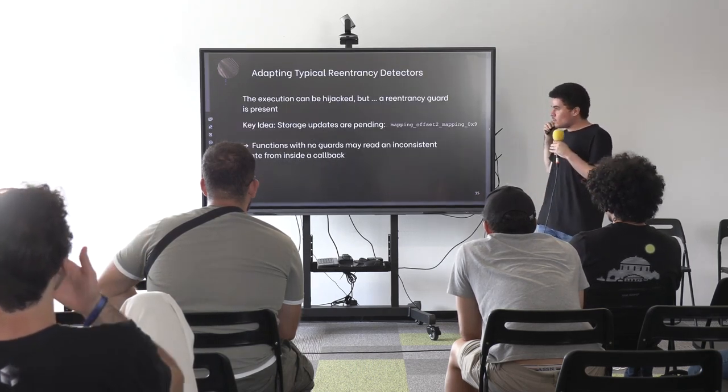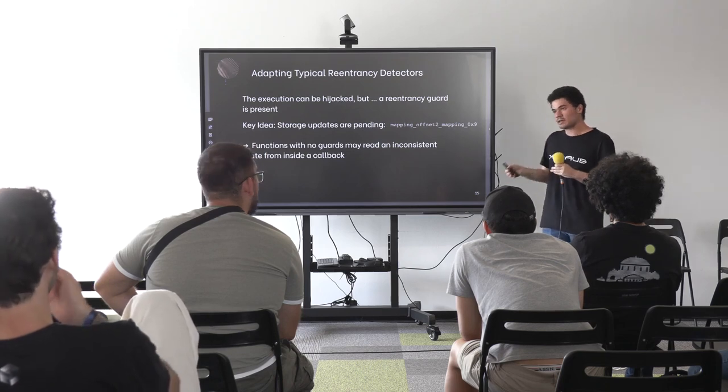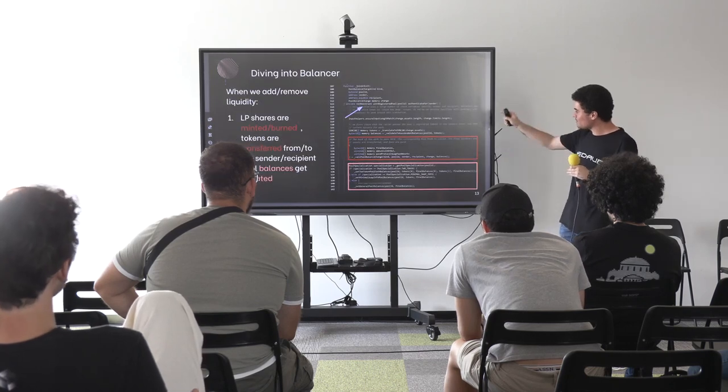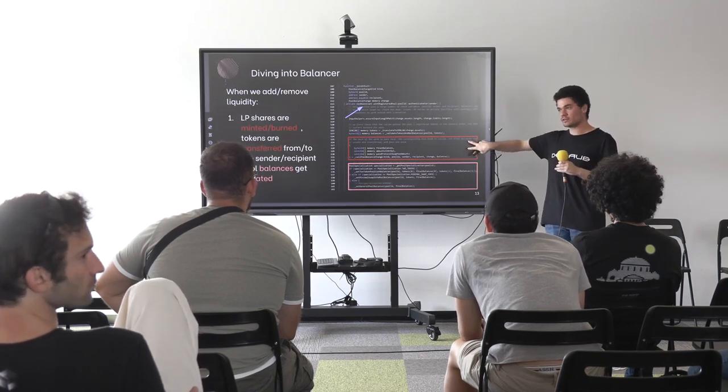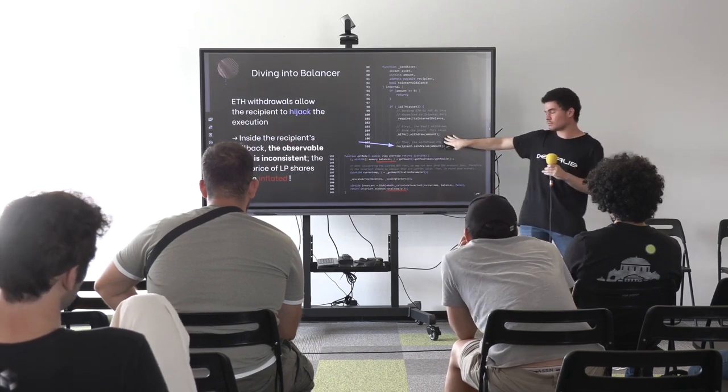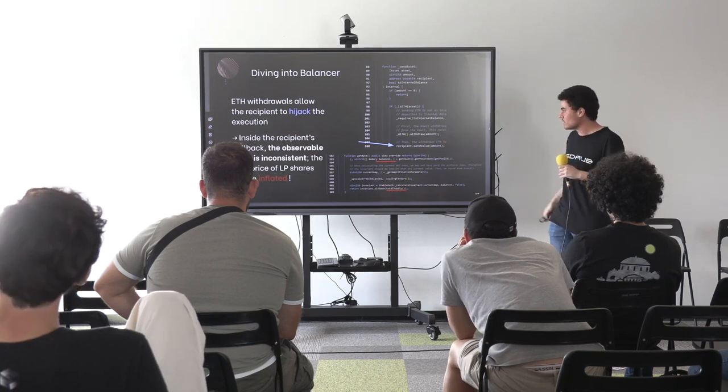So, why is this interesting from a static analysis point of view? A reentrancy guard is being used, even though the execution clearly is hijacked in the red box when we reach a native transfer.